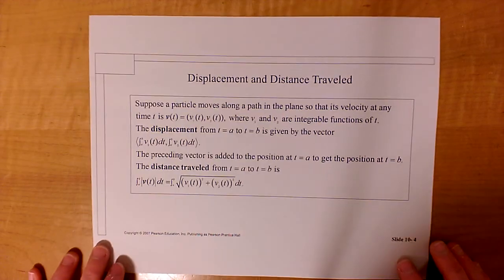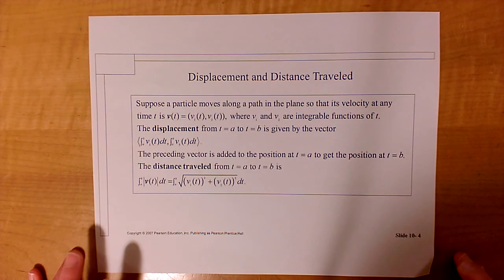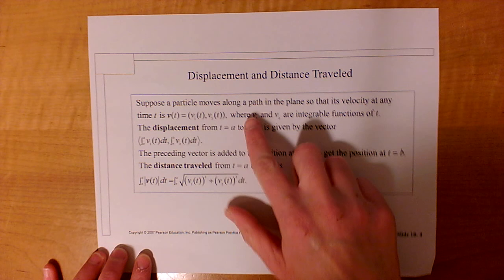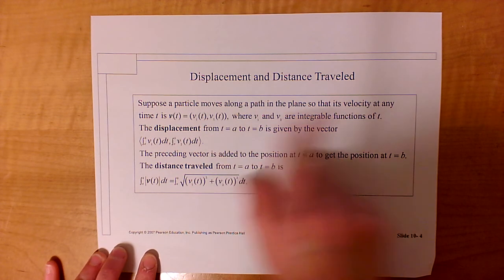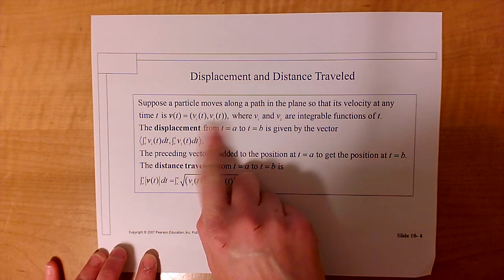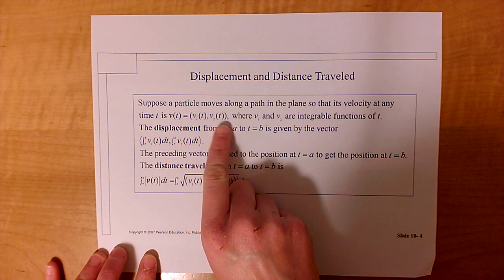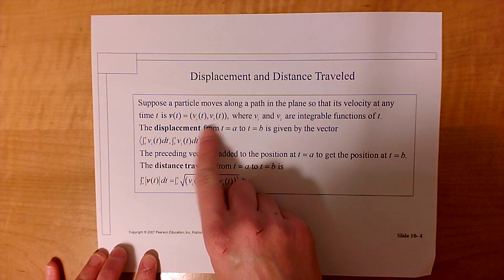If we talk about displacement and distance traveled, let's consider this particle moving along a path with a velocity that is given by the vector with two components, v sub 1 and v sub 2. And both of these components are integrable functions of t.